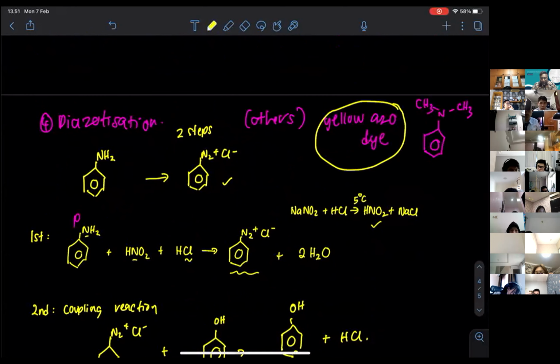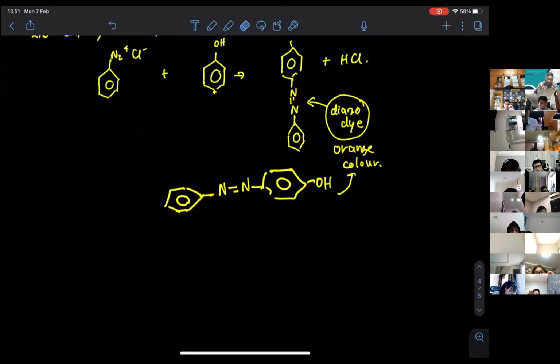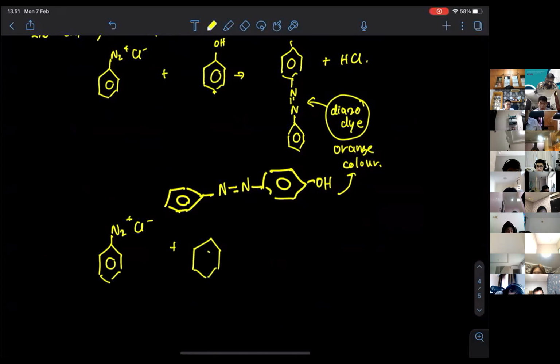If you want the orange dye, you react with this phenol. But if you want some other different dyes, then you have to change it. The material is still N2+Cl-, but sometimes the phenol is changed.